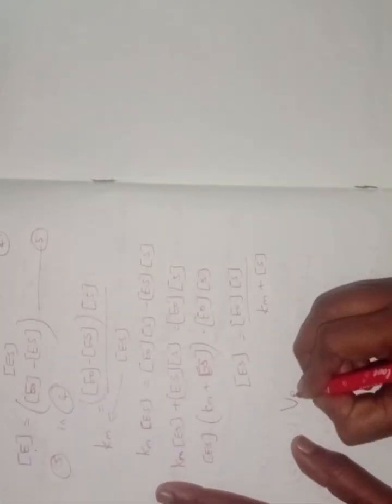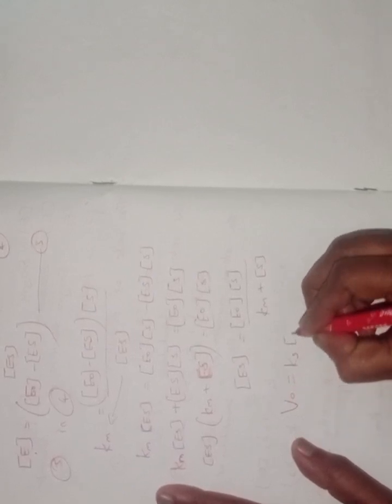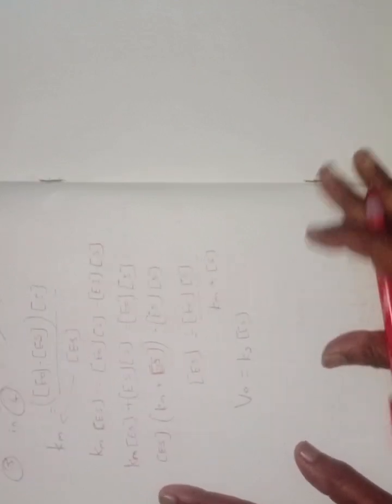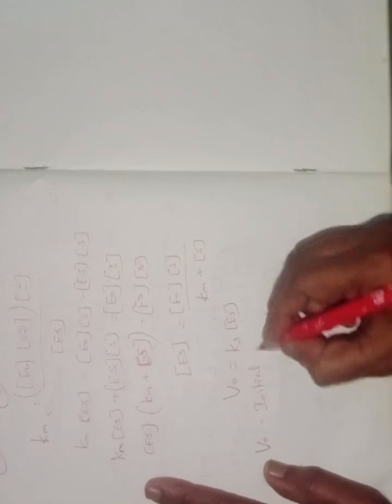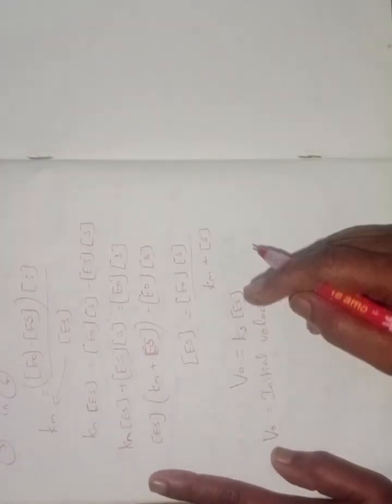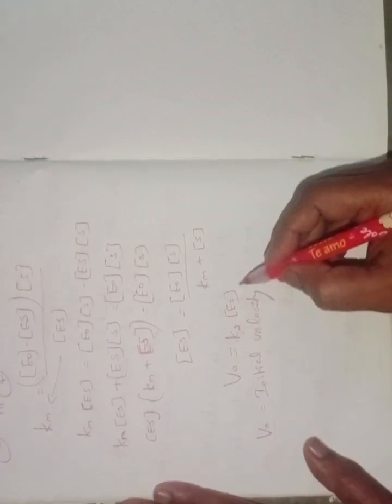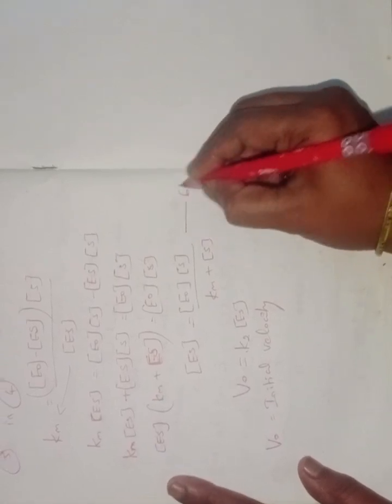V naught equals K2 ES. V naught is nothing but the initial velocity. The initial velocity is always equal to the constant value times the enzyme substrate complex. So this is the sixth step.